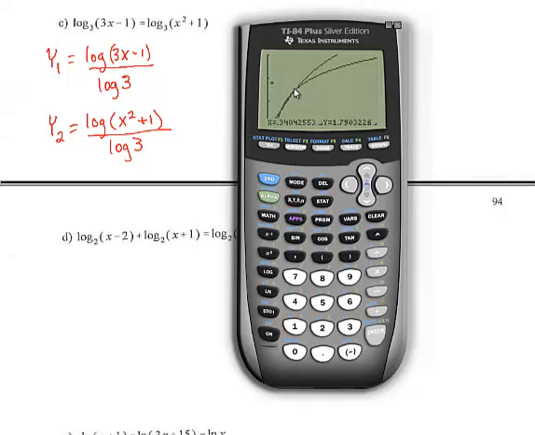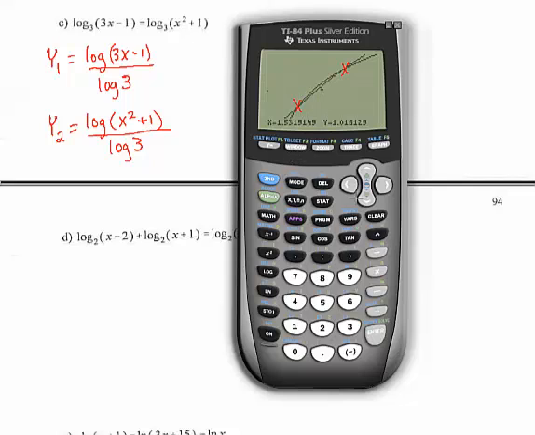I'll go just above this point here, and down below where it appears that they first touch, and hit enter. And you can definitely see that they intersect in two different places.